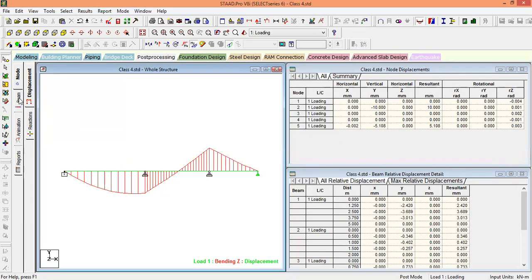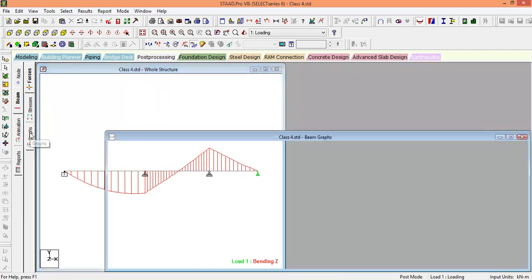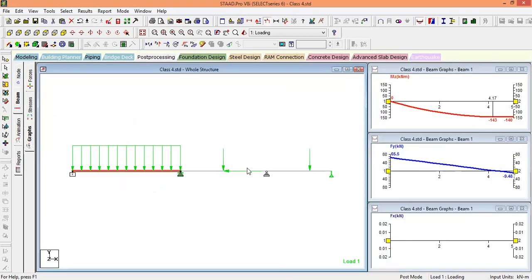There is another way also. You can go to beams here, go to graphs. If you go to graphs, for whatever beam you selected, you will get the bending moment diagram.